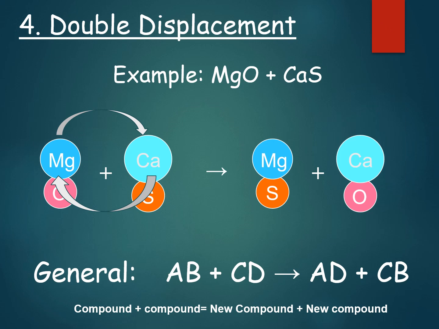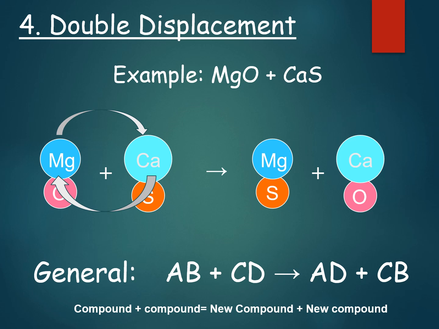Our double displacement or double replacement is very similar to the single replacement, but it's between two compounds. And in those two compounds, like elements are going to switch places. So the metals will switch places, or the nonmetals will switch places. In this example, I've got calcium is going to replace magnesium, and then magnesium is going to replace calcium.